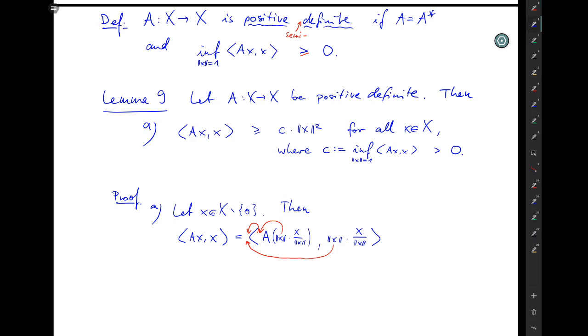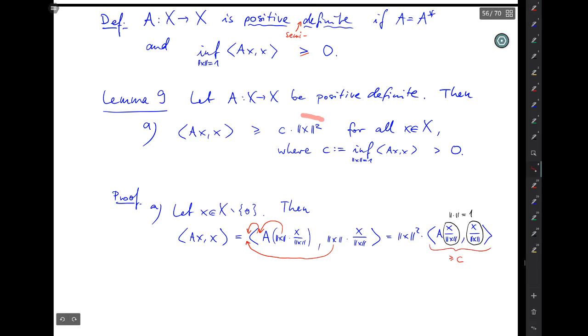Okay, so you end up with this expression, but now this here is the same vector that has norm 1. So it's one of these vectors here for which you have tried the infimum, and the infimum turned out to be little c, so we can bound this expression by little c.